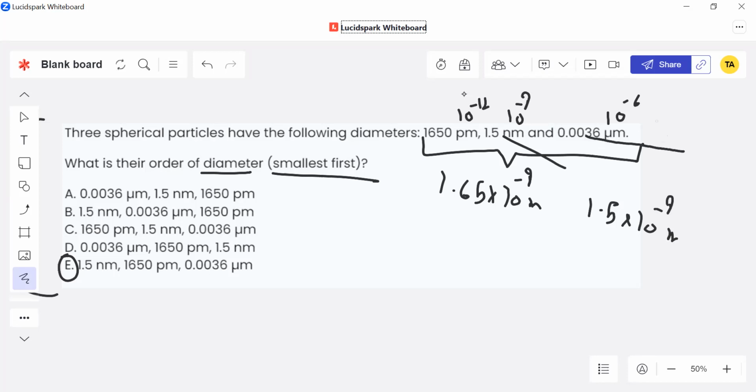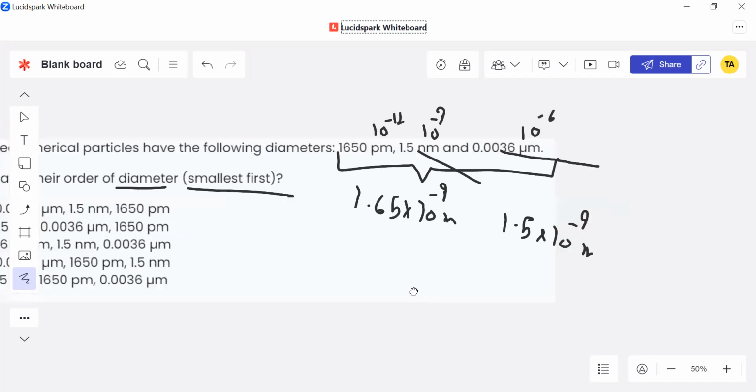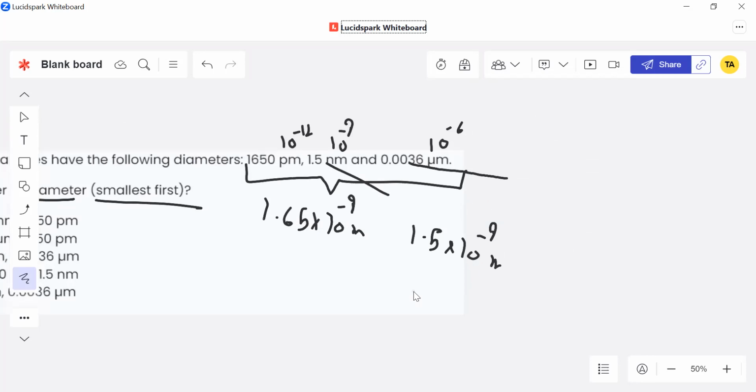Similarly, micrometer in meter is 0.0036 multiplied by 10 raised to power negative 6, so I'll do it on my calculator. Give me a minute. It's 3.6 times 10 raised to power negative 9 meters.